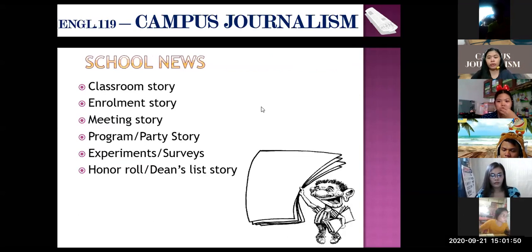What are examples of the themes going around school news? Because most probably we're going to write about school news, right? It could be a classroom story, enrollment story, meeting story, program or party story, experiments or surveys, honor roll or dean's list story.